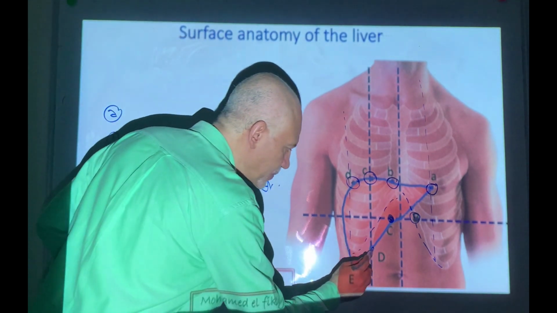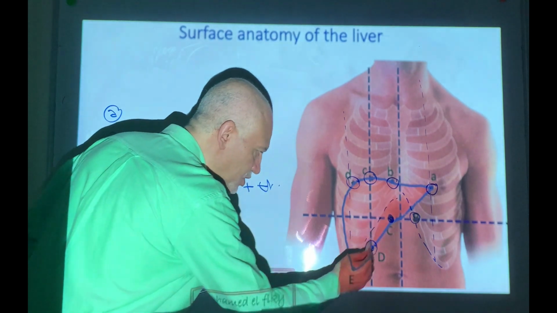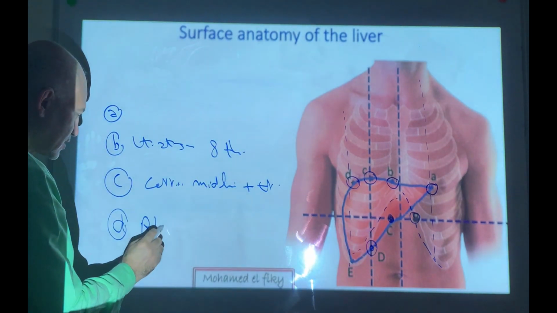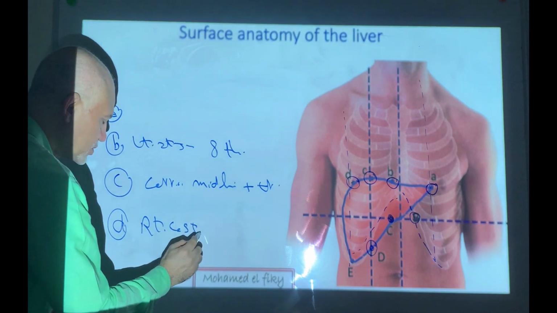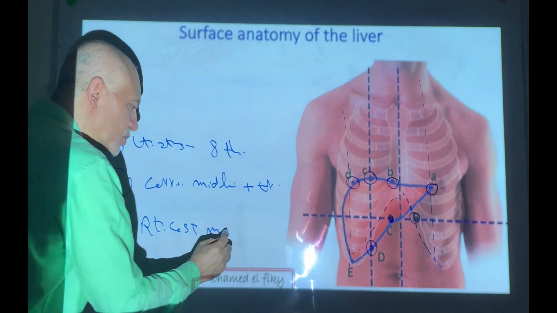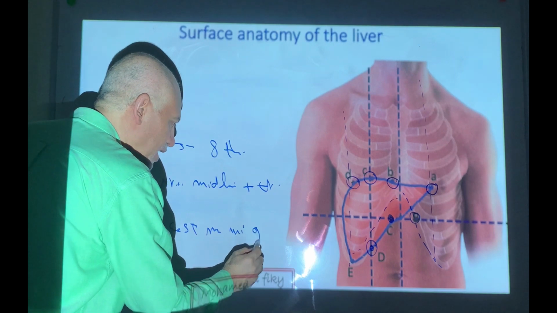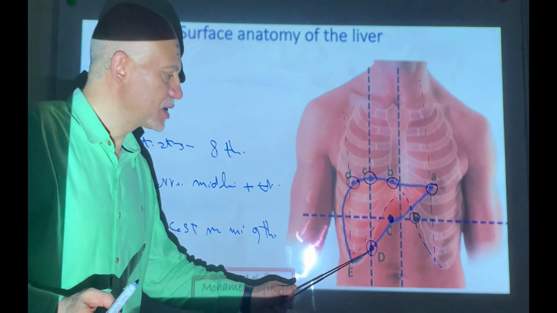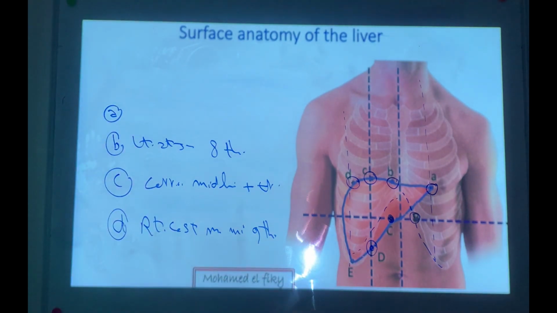Point D is again at the costal margin on the right side, at the junction with the ninth costal cartilage.